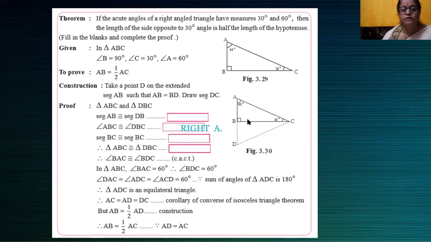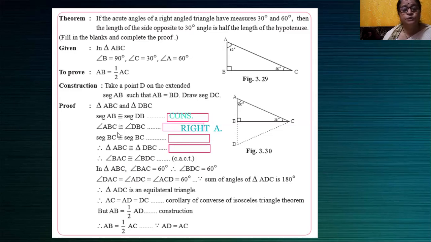We have to see by which test these two triangles are congruent. Here, segment AB is congruent to segment BD, because of the construction we have done.